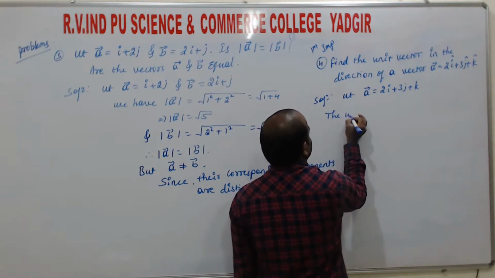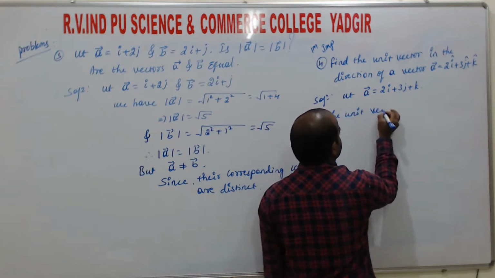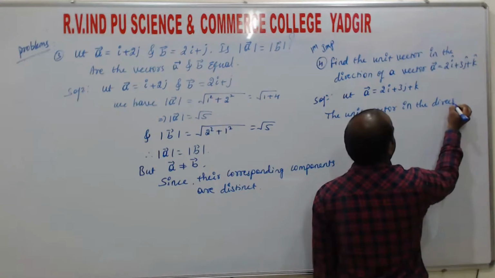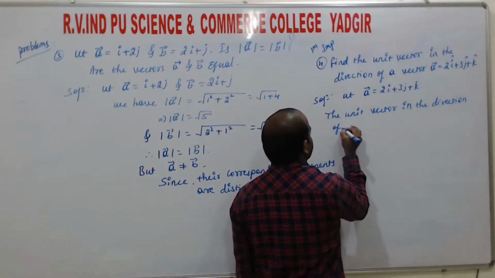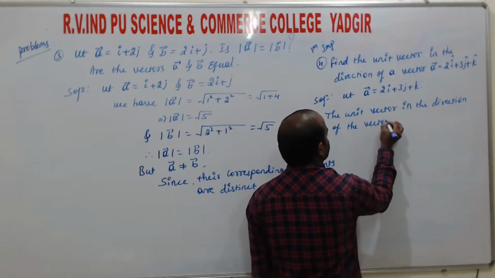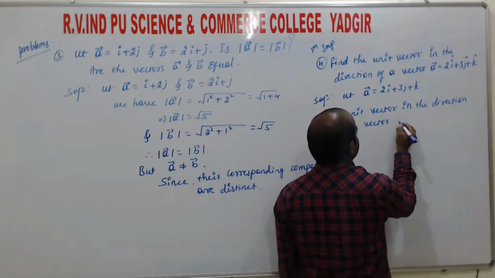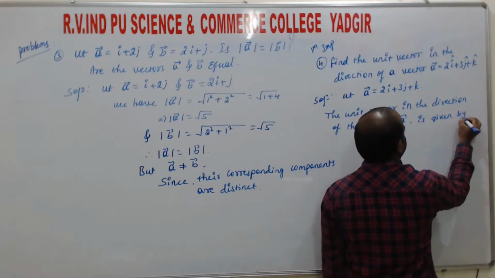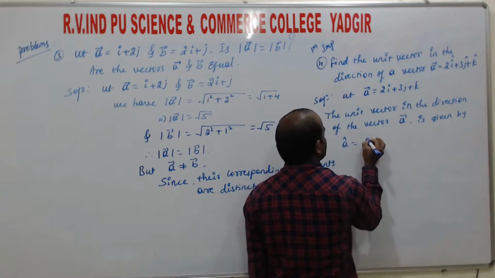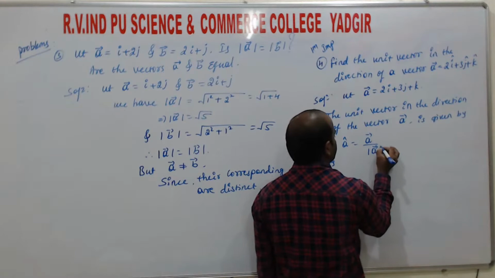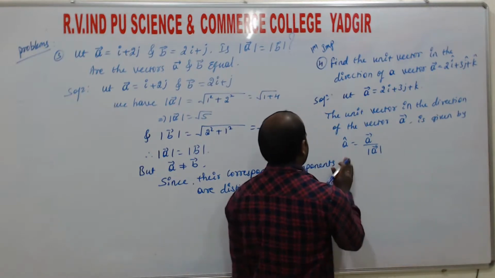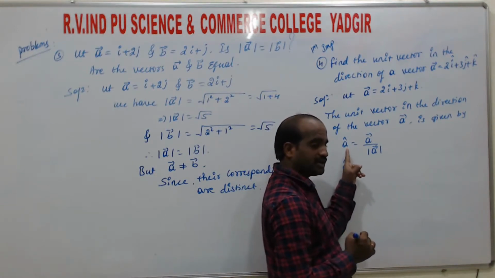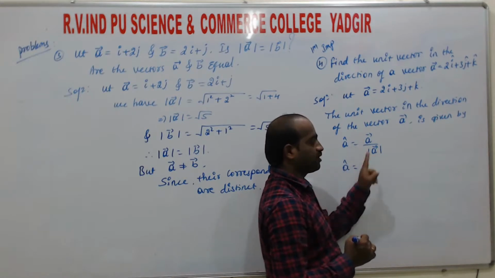The unit vector in the direction of the vector a vector is given by a cap equal to a vector divided by magnitude of a vector. This is the unit vector formula.